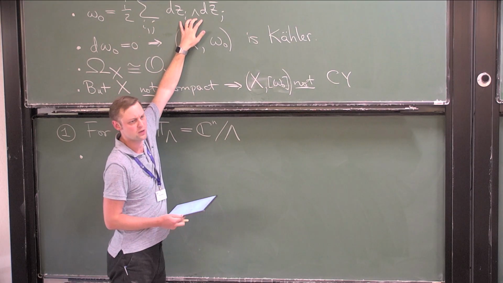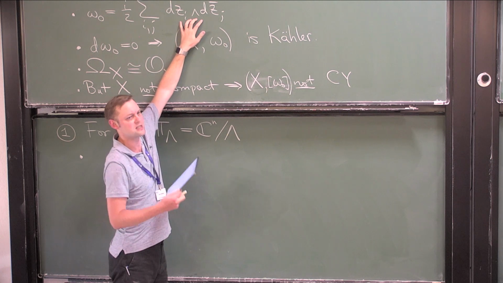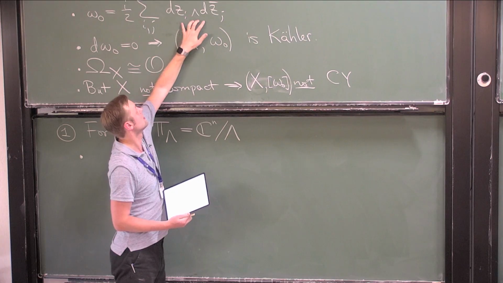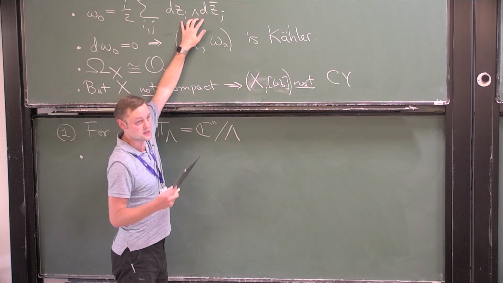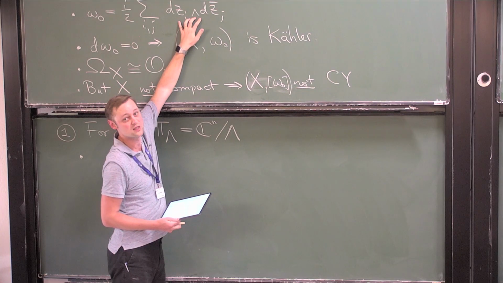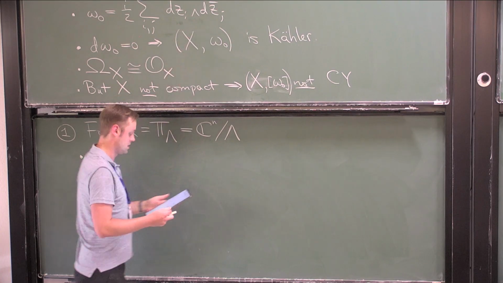Remember, as we talked about yesterday, when you translate by lambda, this is like a discrete change, and so when we're doing these differentiations, this discrete change just disappears. So this omega 0 is invariant under lambda translations.